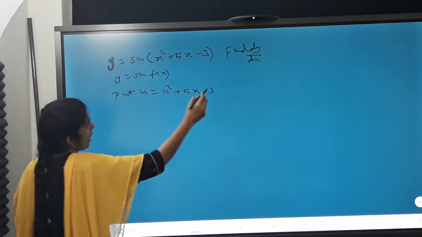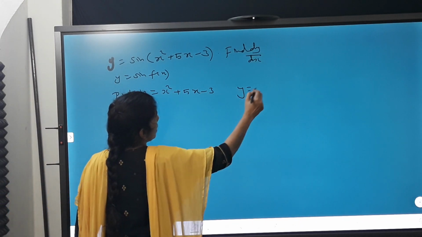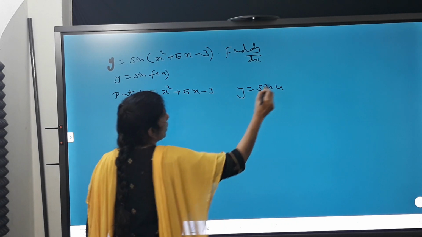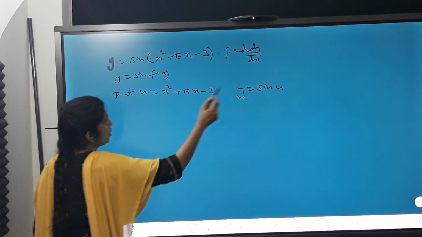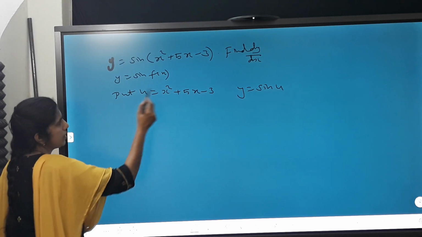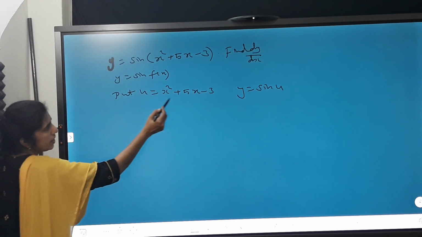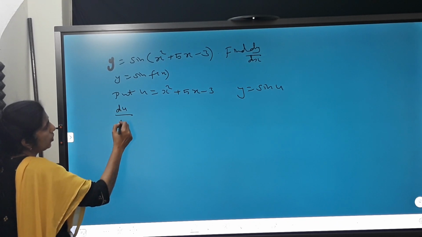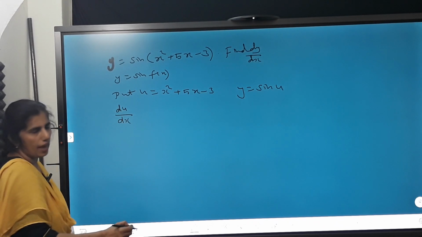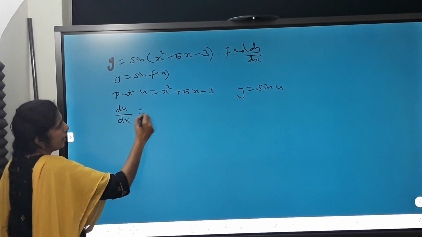Then our y becomes y equal to sine u. So y is a function of u and u is a function of x. Since u is a function of x, we can differentiate u with respect to x and find du by dx.